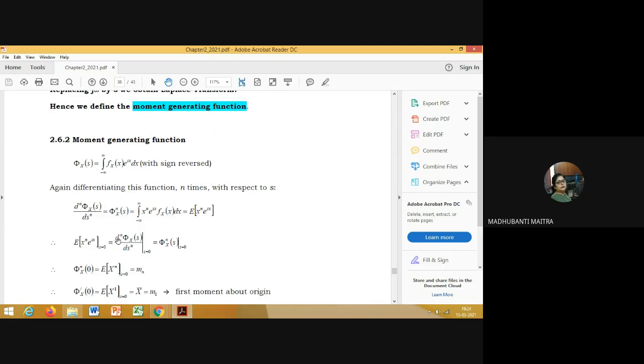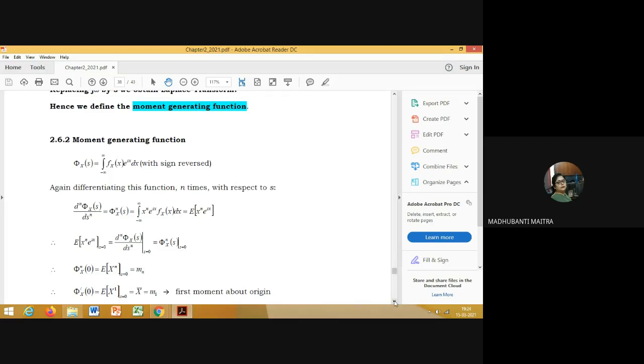That is equal to d^n phi_x(s) / ds^n at s equal to 0, so our moment is phi_x^(n)(s) at s equal to 0.